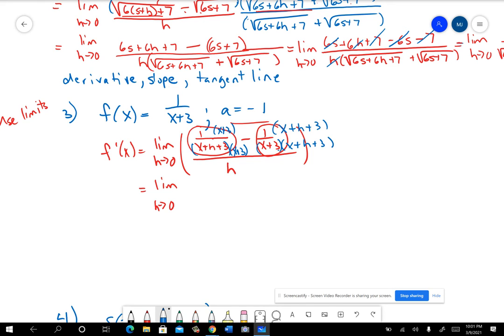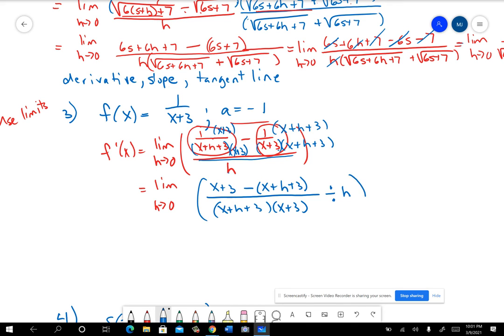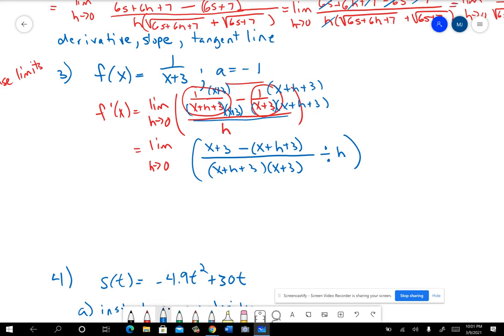All right, so we're doing that to get this together to have just a single term on top. So we're going to have x plus 3, but then minus x plus h plus 3 over that denominator, x plus h plus 3 times x plus 3. And then we've got all of that divided by h. And so if all of this is divided by h, okay, that's the same as 1 over h.